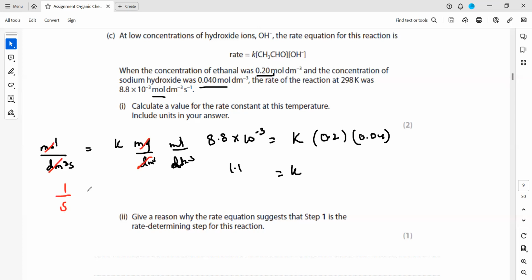So here we are left with 1 over second, and here we are left with K equals mole divided by dm cube, whole cubed. So dm cube cubed is multiplied and mole is divided. So it will be dm cube cubed, and mole inverse will be there, second inverse. So this will be the unit. So 1 mark is for the answer, like the value 1.1, and another mark is for the unit.